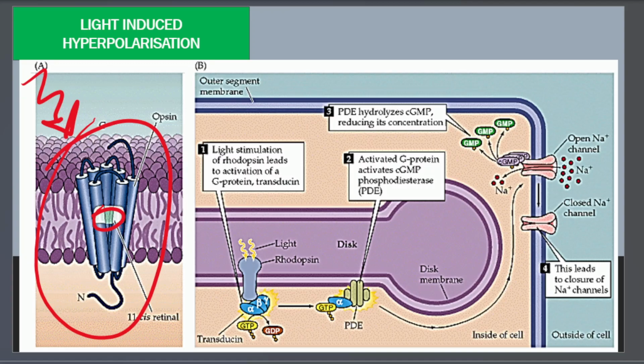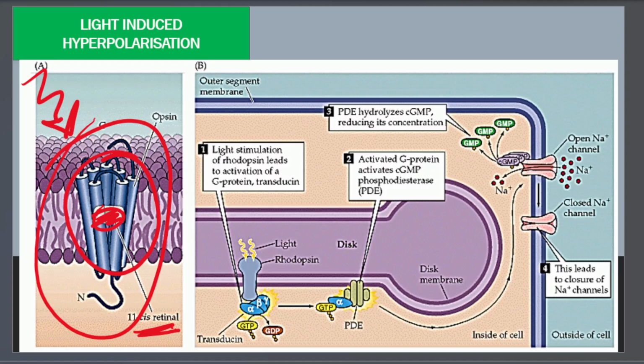If the rhodopsin gets activated, the 11 cis retinal gets converted to all trans retinal. As the configuration changes from cis to trans, your protein rhodopsin itself attains some conformational change.